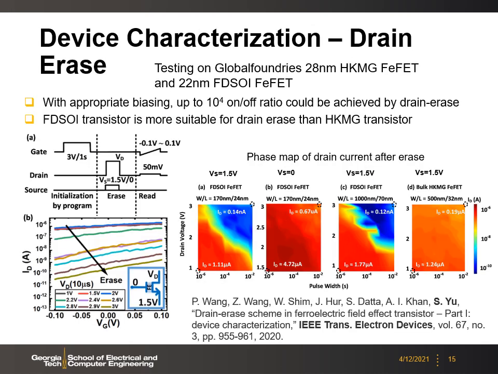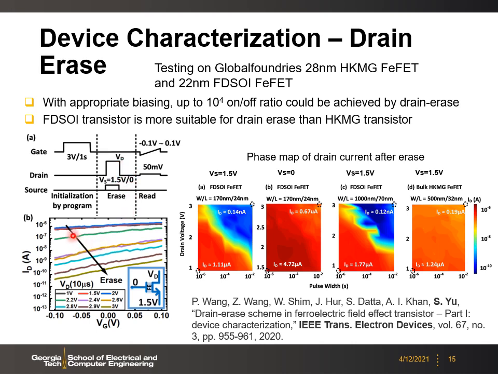We characterize the drain erase scheme on GlobalFoundries 28nm high-K metal gate FeFET and 22nm FDSOI FeFET. This is the waveform we applied. We bias the source to be 1.5 volts or 0, and then we apply the drain pulse.